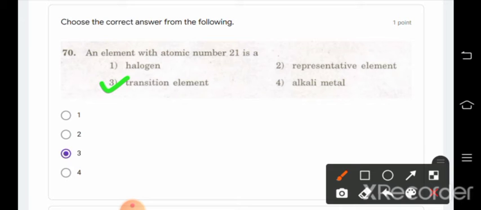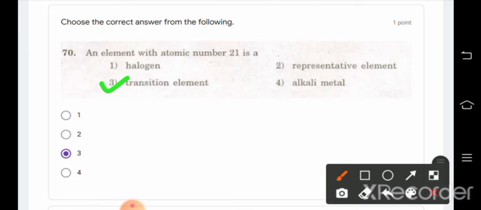These are the elements in the P block. The F block elements, lanthanides and actinides, are known as inner transition elements. And halogens, that is fluorine, chlorine, bromine, iodine, are the group 17 elements, known as the halogens.